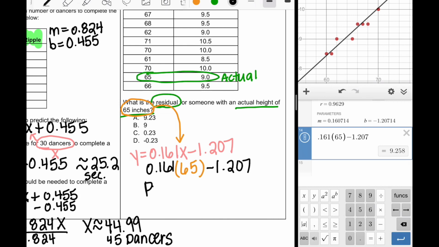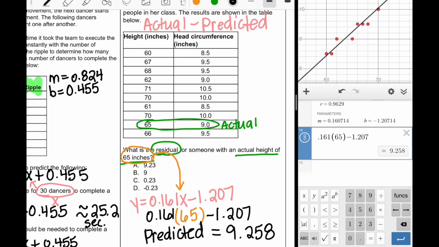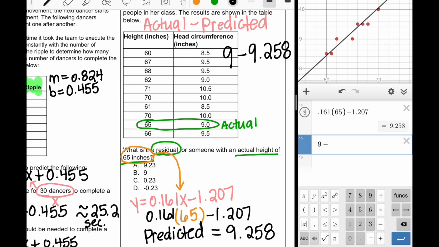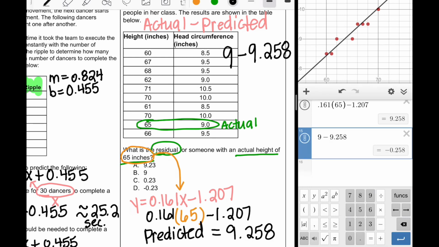So my predicted value for this problem is going to be 9.258. The actual head circumference is 9 minus our predicted, which is 9.258. So when I subtract that, I get negative 0.258.